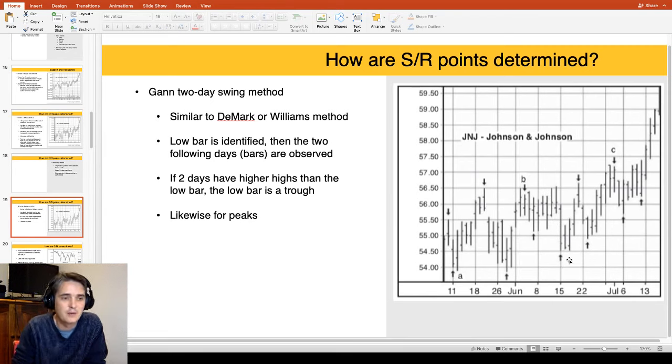Then in the next 2 days, we see it makes a lower low on day 2 after the bar, but that lower low is still higher than the low of our reversal bar, or our support point. So that is still a confirmed reversal point.